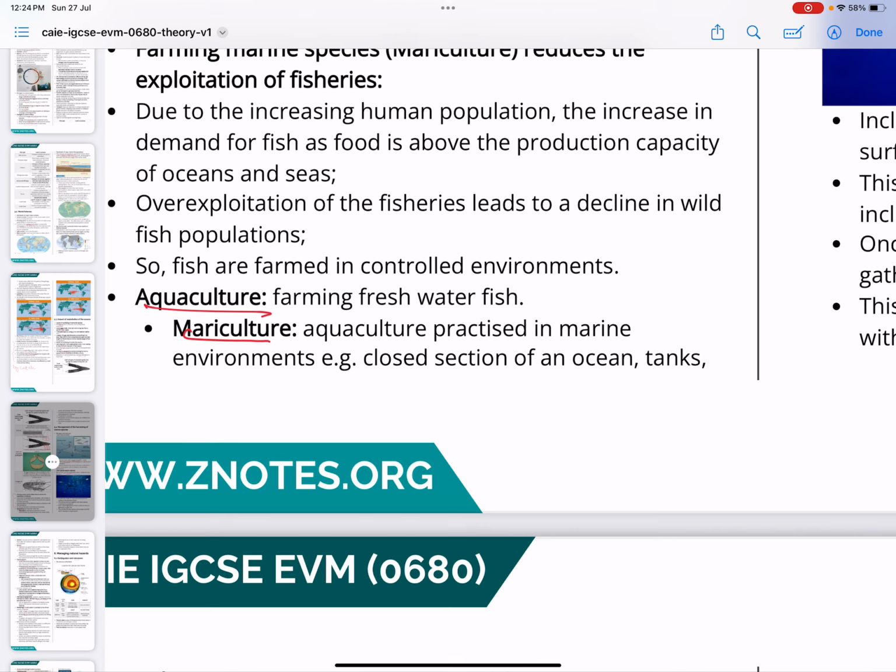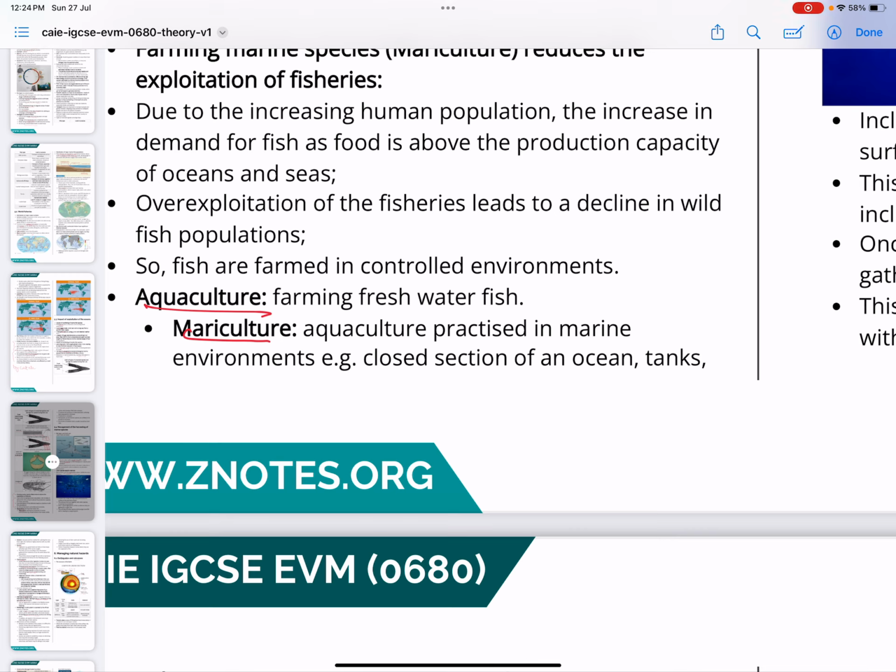But the question here arises that this is the solution for the rivers. What is the solution for the sea? The solution for the sea is mariculture. Now what is mariculture?